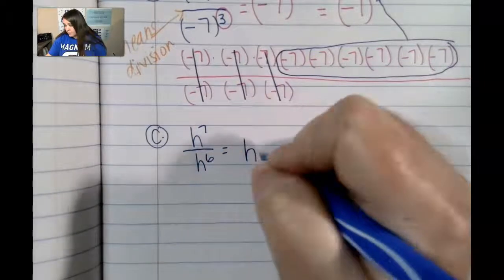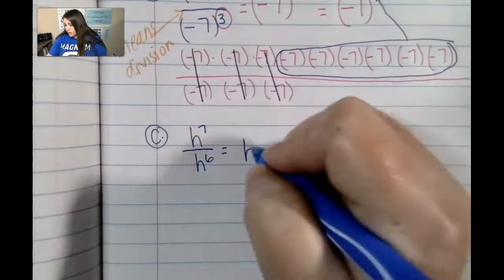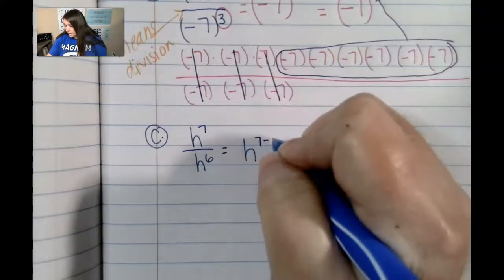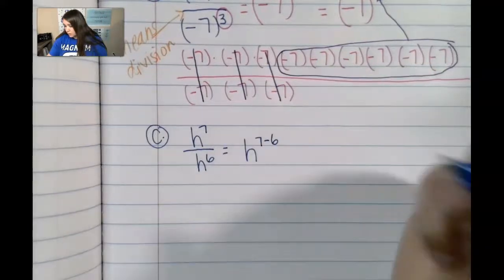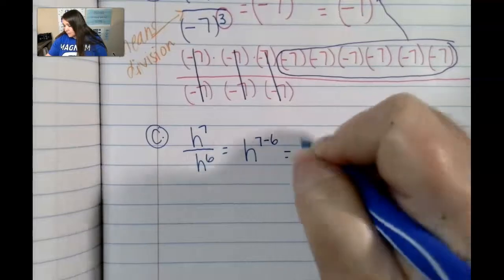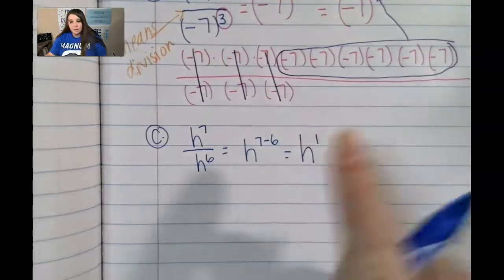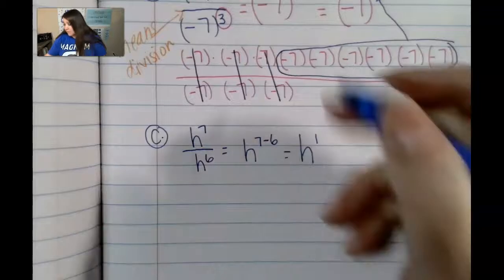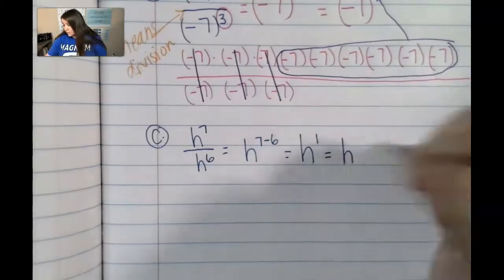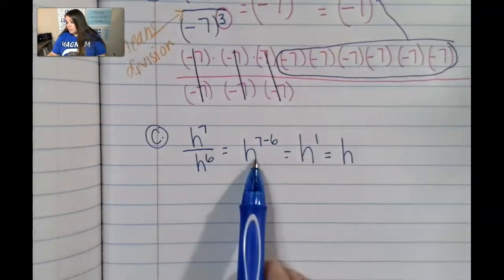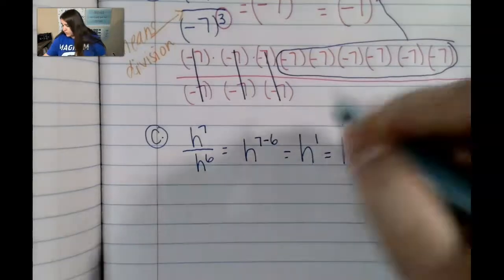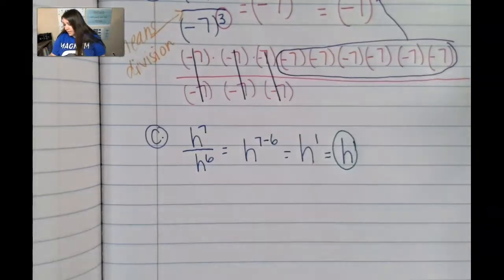Slide over that base, which is h, and then subtract the top exponent minus the bottom exponent. 7 minus 6 is h to the 1. We don't need to write h to the 1 because h to the 1 just equals h. So all of these are equivalent, but our final answer is h.